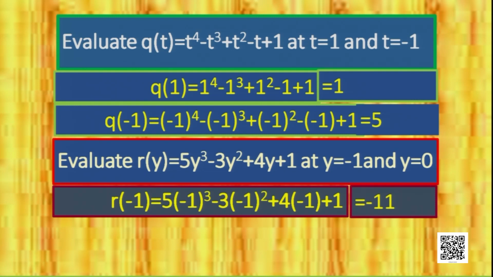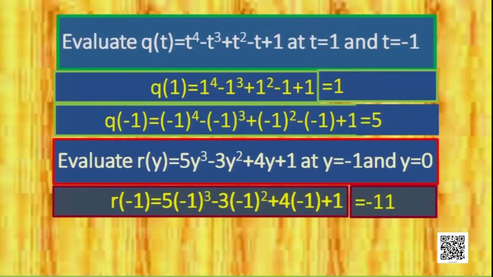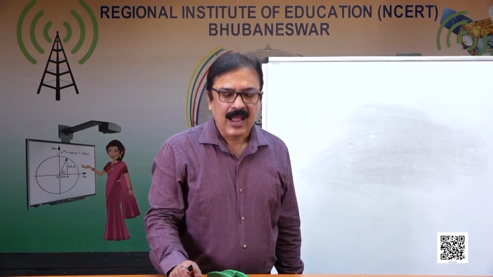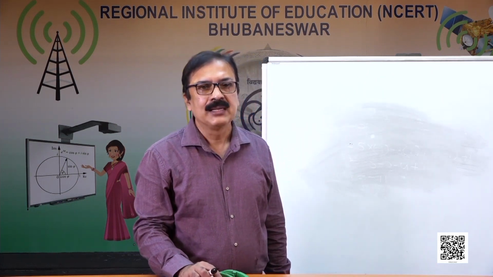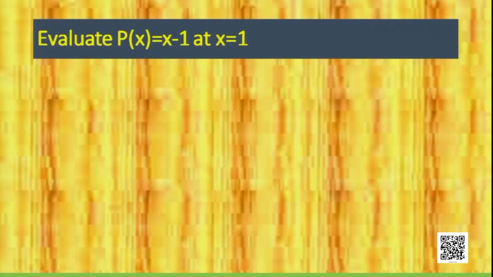Let's evaluate it for the value of y at 0, r(0). For r(0), you see all the y terms except the constant term 1, all other become 0. So the value will be 1. Now let's see a polynomial p(x) which is x minus 1 at x equal to 1.